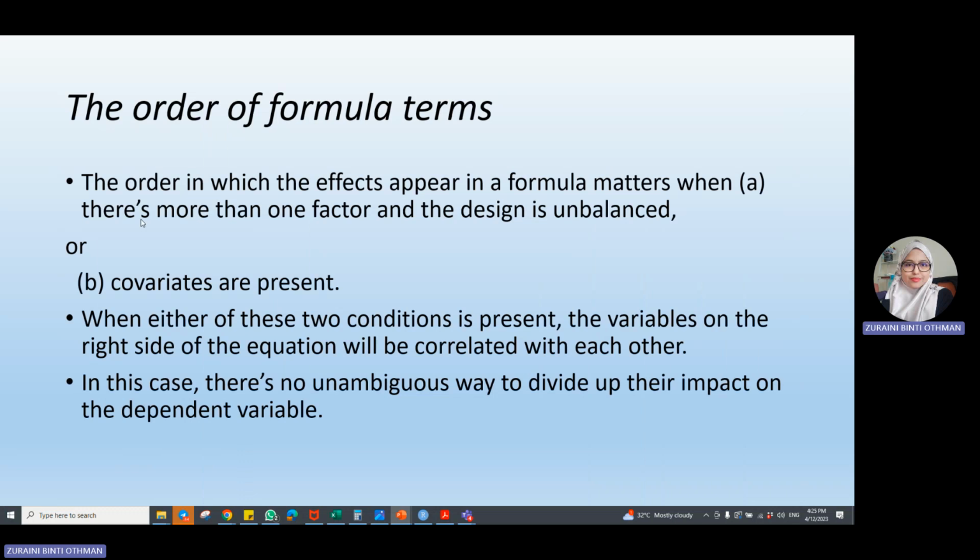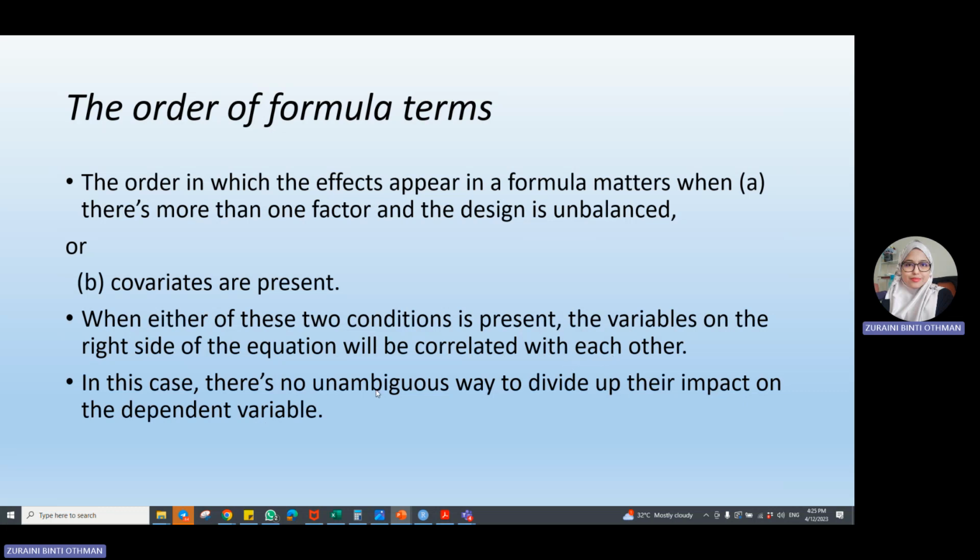Okay, then the order of the formula. The order in which the effects appear in the formula matters when there is more than one factor and the design is unbalanced, or when covariates are present. When either of these two conditions is present, the variables on the right side of the equation will correlate with each other.